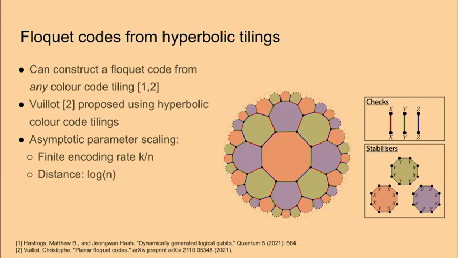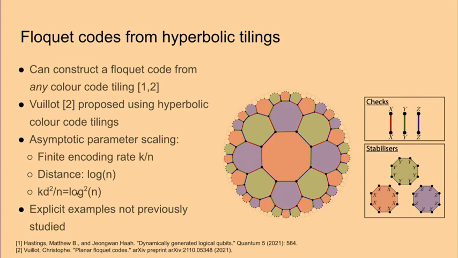So you have a finite encoding rate and logarithmic distance. This leads to a ratio kd squared over n being equal to log squared n. So this is an asymptotic improvement over the surface code, where this would be a constant. But previously, explicit examples had not been considered, so the performance of these codes was not known in practice.